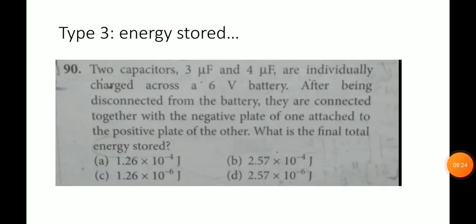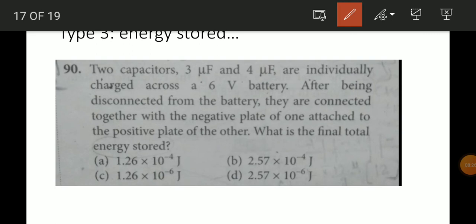Although this is related to the energy stored in a capacitor, one piece of information is given where we have to utilize the formula of common potential. Let me read this numerical for you. Two capacitors of 3 microfarad and 4 microfarad are individually charged up to 6 volt.